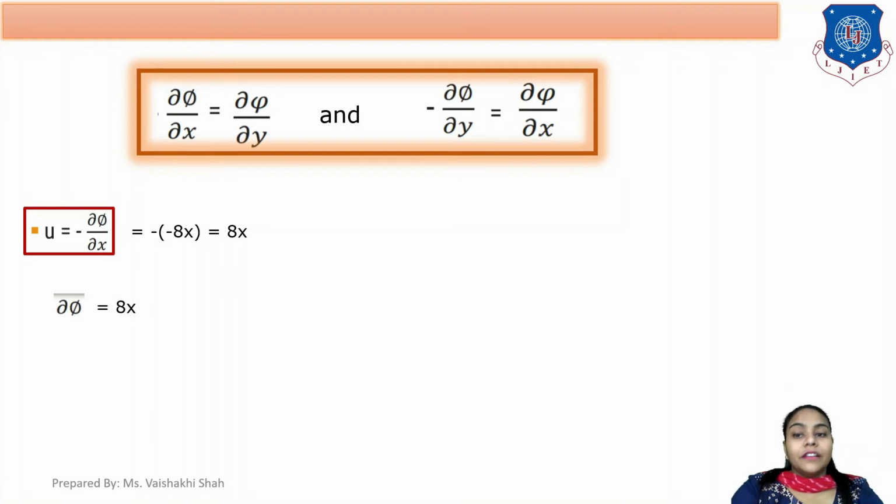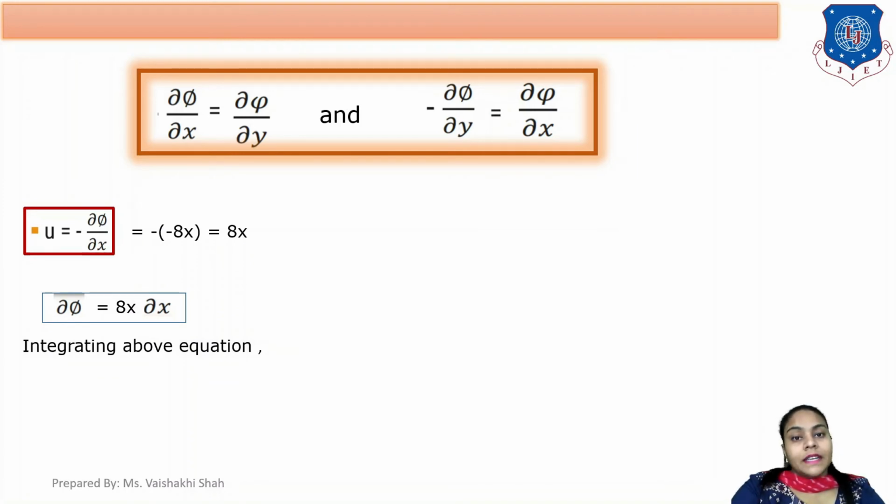Now, del phi equals 8x into del x, making del phi the subject. Now, integrating the above equation, integration of del phi equals integration of 8x del x, integrating both sides.